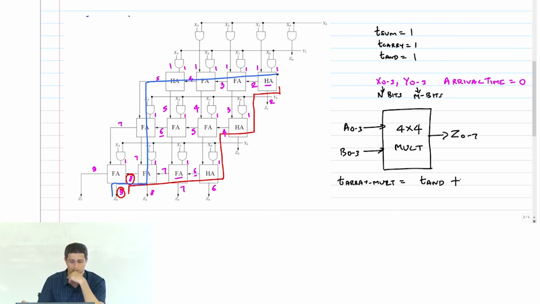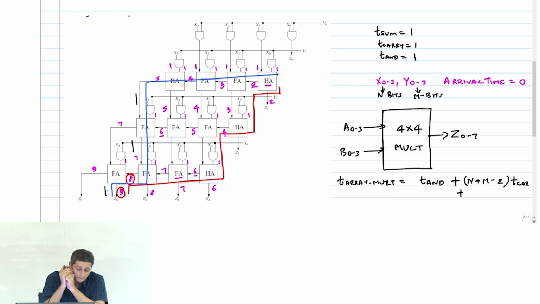How many of them? n plus m minus 2 T carry plus how many T sums? Basically, this is one T sum, another T sum, another T sum, right? That's how many T sums?